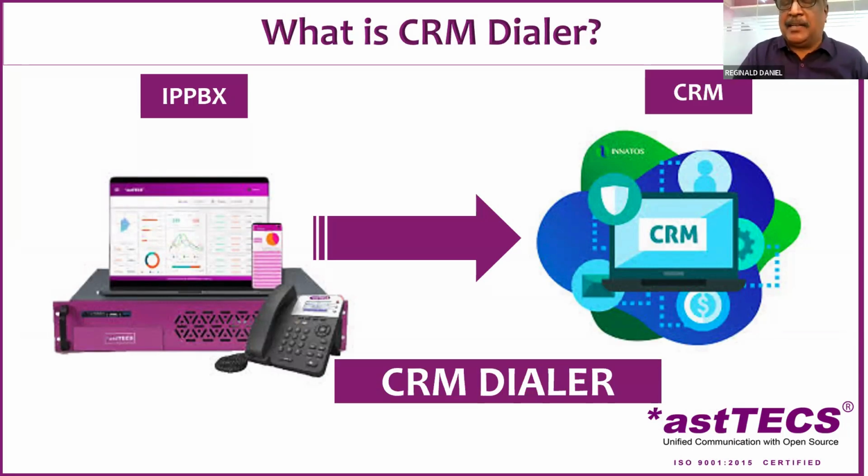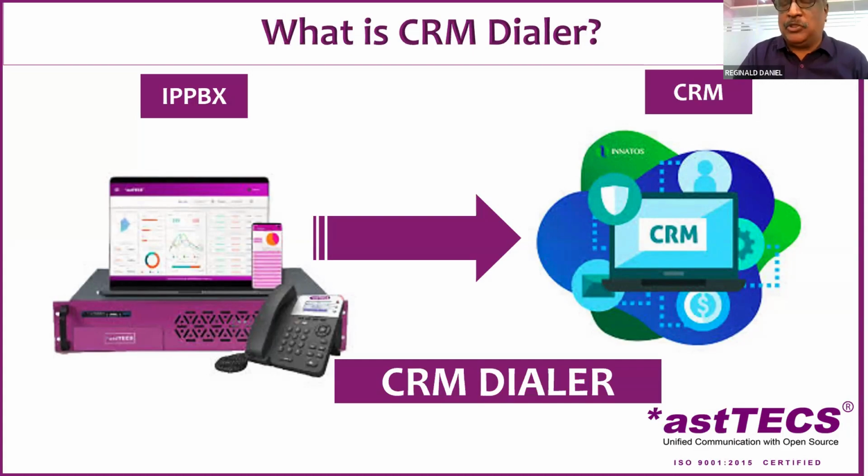We call it a CRM Dialer because this CRM is aligned to the PBX. It is made to fit the IPPBX so that both work together as a single product. That's why we call it a CRM Dialer. Not only the IPPBX, even your call center dialer can also be integrated with the CRM.